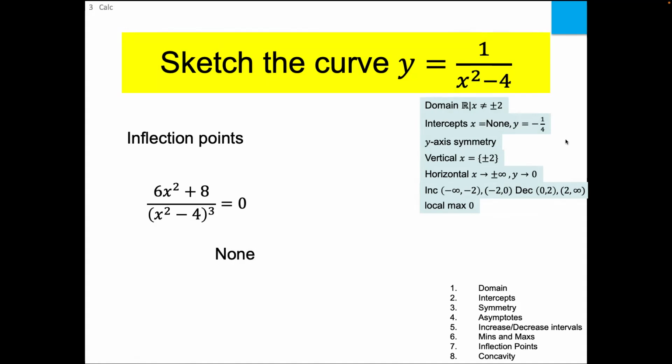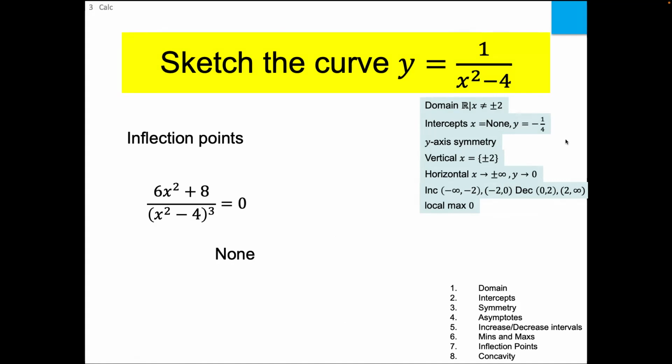None. Now, it leads you to believe that if it has no inflection points, it's strictly concave up or concave down. But we can see it goes increasing, decreasing a couple different times. Therefore, it must change concavity. What's happening is that where the inflection point should be, there ends up being a vertical asymptote.